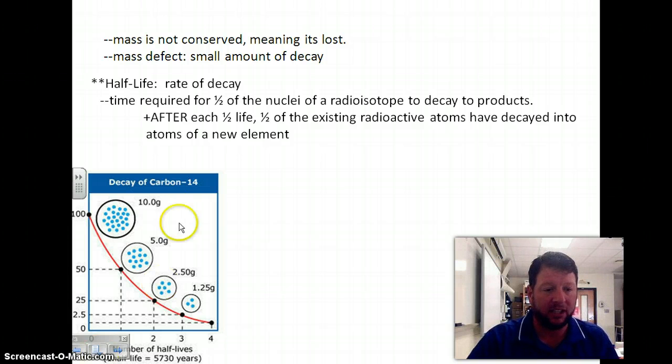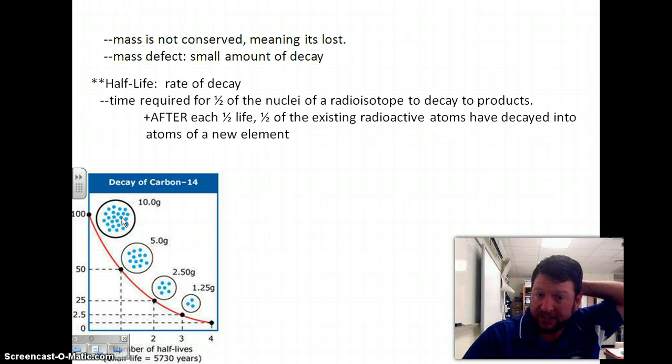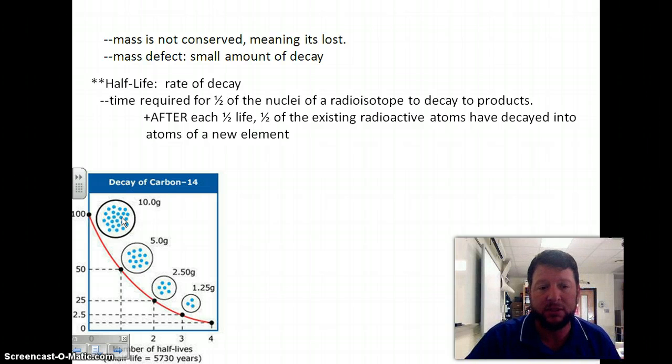Let's take a look here at the decay of carbon-14. As you can see, at the beginning, which is called 100%, there are 10 grams of carbon-14. One half-life is the time that it takes for 1/2 of the existing radioactive atoms to decay. So it takes 1 half-life to go from 10 grams down to 5. 1/2 of 10 is 5.